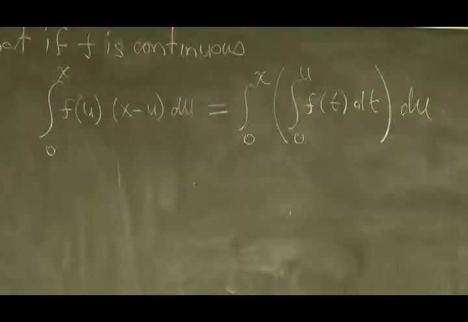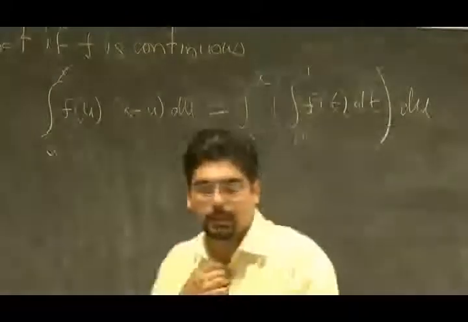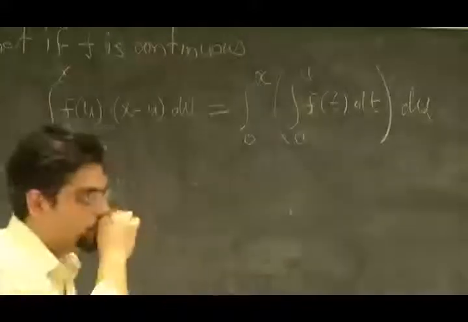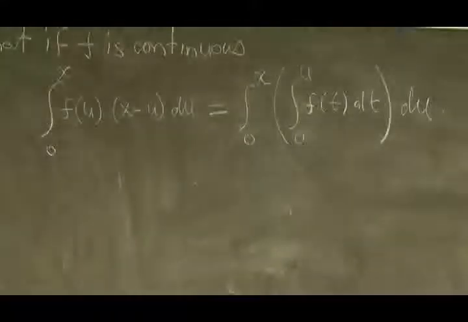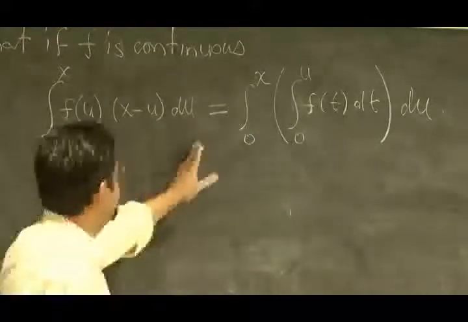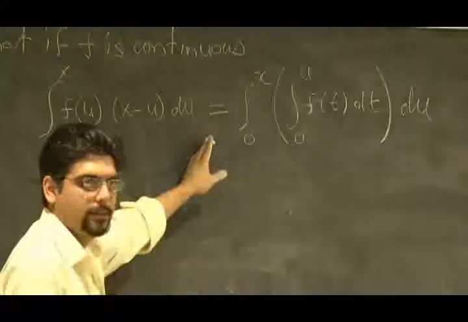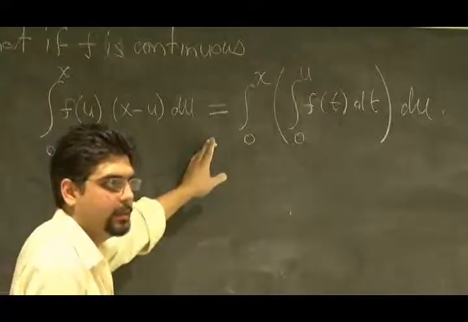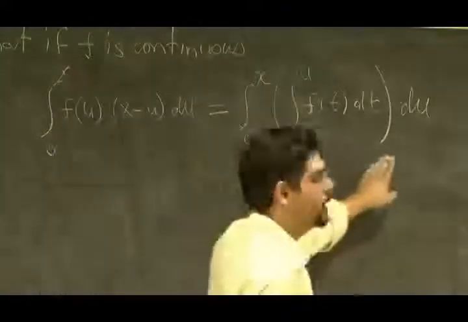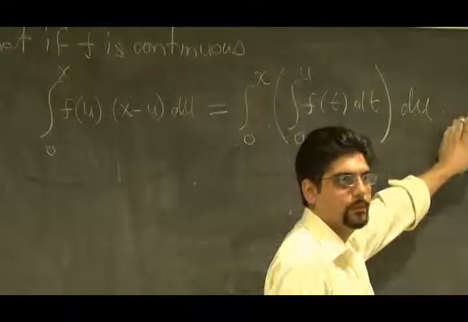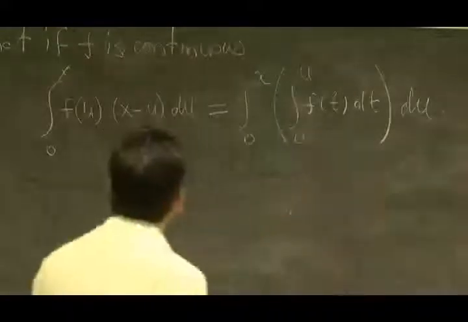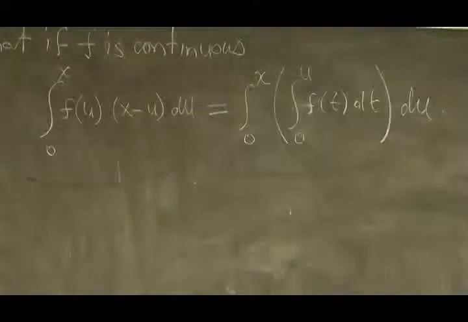So let's think of how to begin. We can think about this as being a function in x, right? Does that make sense? And this is also a function in x. Let's write that down.